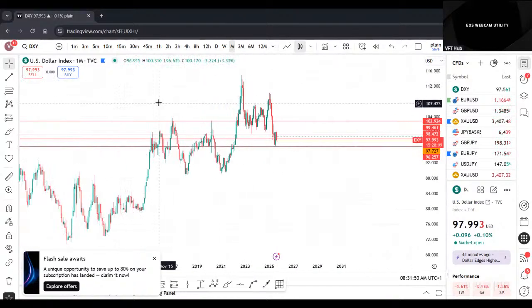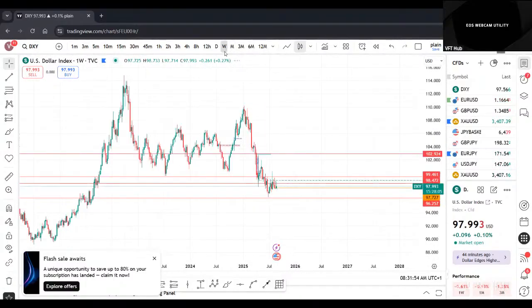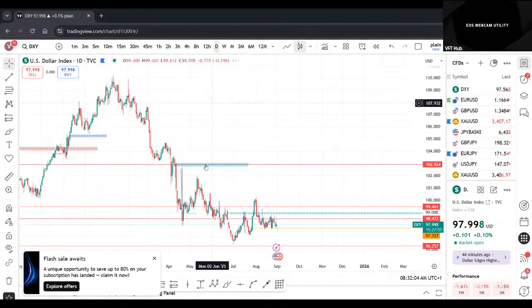Price was bullish for a period of time, and then we saw a sweep of this liquidity coming down to the weekly time frame. Of course, we've even seen more push to the downside. Price broke this low at 100.1315, I beg your pardon, and down to the daily time frame. We're even seeing that price has been stalling right here for a period of time.